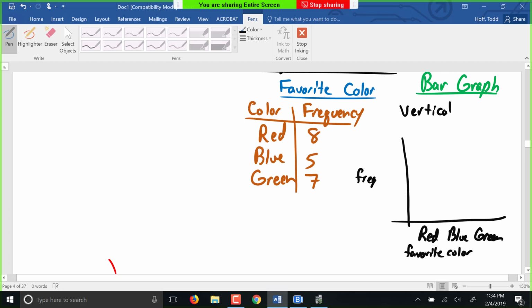And of course, frequency or number chosen. And we have to make sure we number up to the highest frequency. Here that would be 8. So we actually number up to 10, so we're at least that frequency. And we go ahead and put our bars on there. Red goes up to 8. Blue goes up to 5. Green goes up to 7.